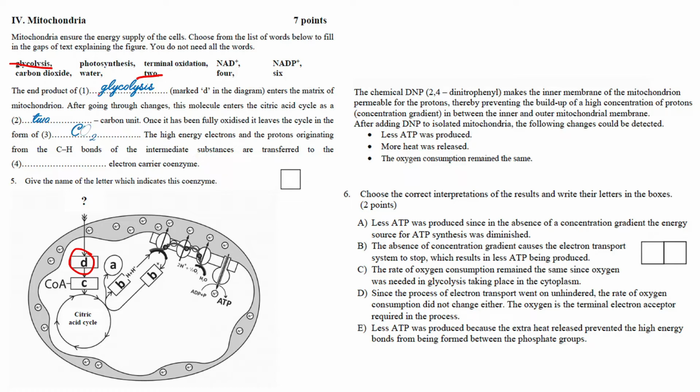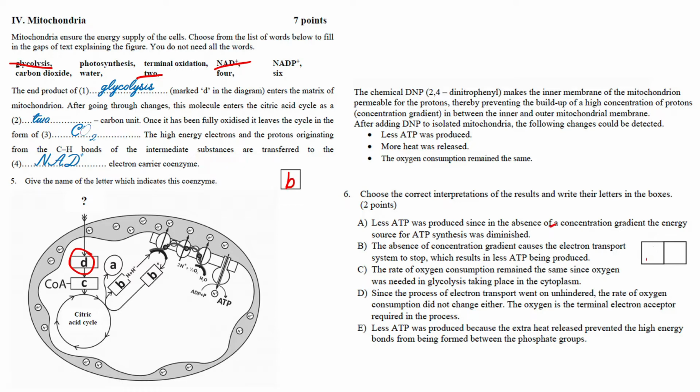The high-energy electrons and protons originating from the carbon-hydrogen bonds of the intermediate substances are transferred to the nicotinamide adenine dinucleotide, so NAD, electron carrier coenzyme. Give the name of the letter which indicates this coenzyme. We know that that's a hydrogen carrier, and this is going to be indicated by letter B.